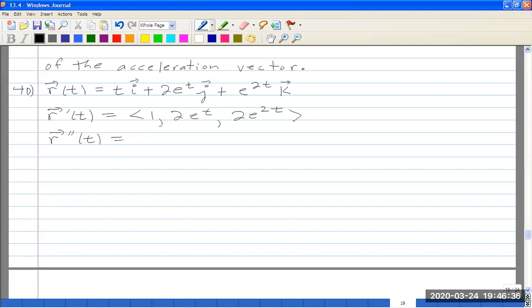And let's take the second derivative. So this will be 0, 2e^t, 4e^{2t}. Okay. Let's take the dot product of this.